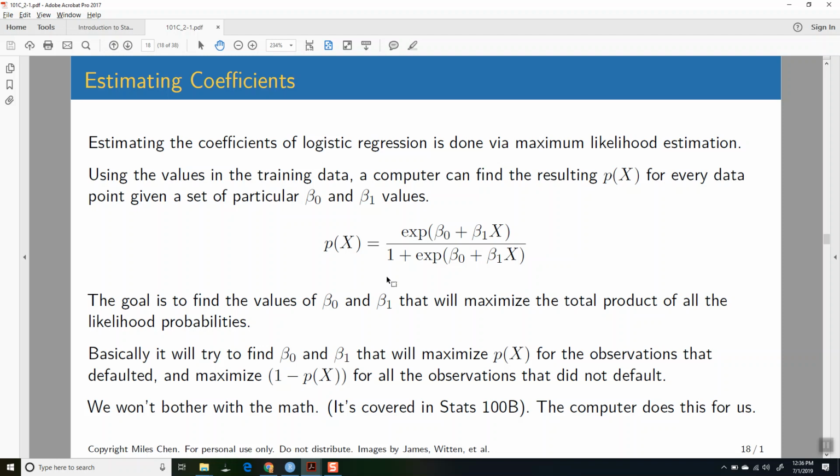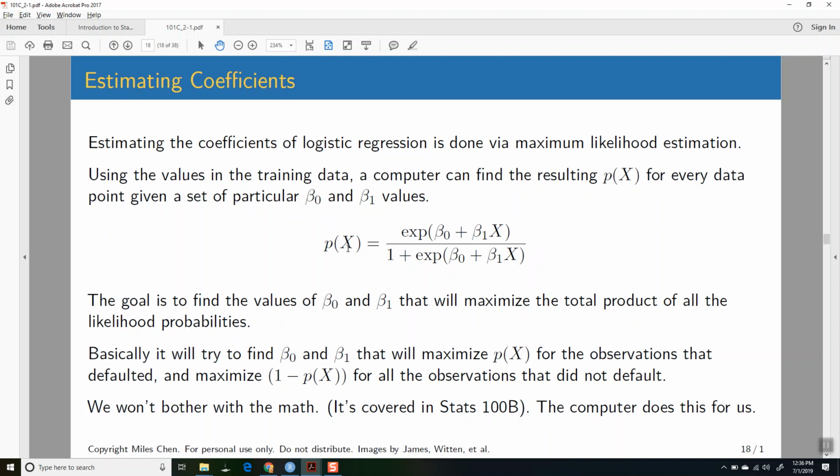But basically the idea is we take all of our training data and all of the x values and plug them into this. Given a particular beta 0 and beta 1, we plug in all of our x values and we get the associated probability of x.